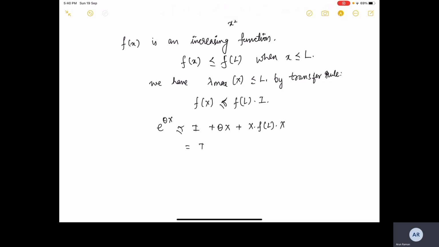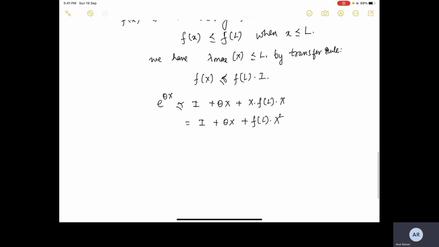So what we will have is I plus theta X plus f of L into X square. So this is what we get.